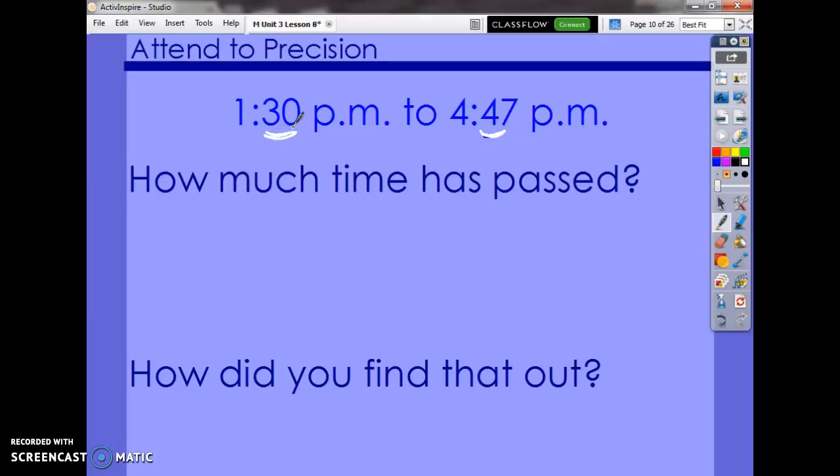But if it were something like 27, I cannot do 27 minus 30. That does not work out, so I would have to do something else. But looking at the minutes can be the quickest way first. So I could just subtract and then subtract the hours.